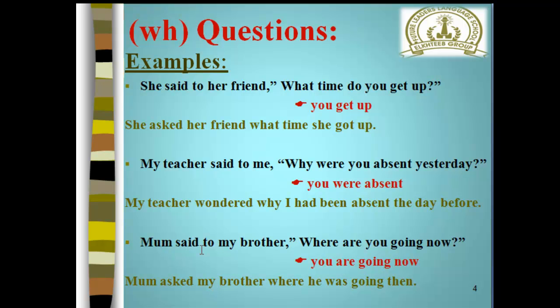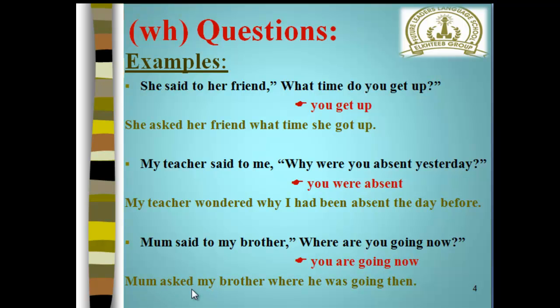Mom said to my brother, "Where are you going now?" Mom asked my brother, where? Use the question word to link. Then, are you going now? You are going now. Change the question into a statement. Don't invert the subject and the helping verb: subject, verb.